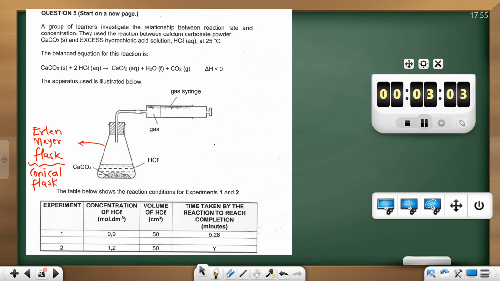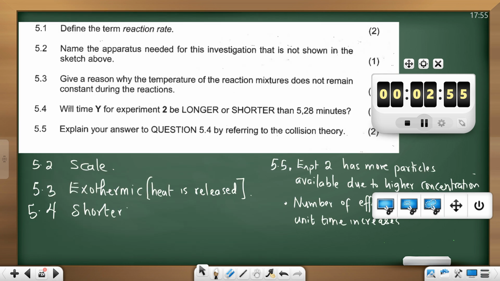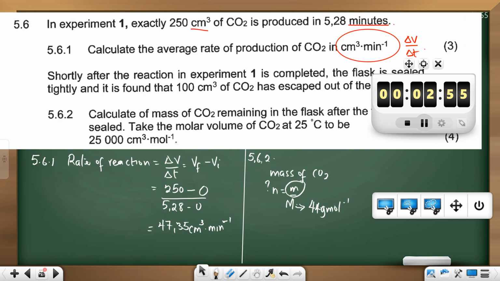Guys, volume will never affect anything here. Okay, so we are looking at concentration of HCl, which is what? 0.9 and 5.28. That's what we need. Let me write that information for you there.